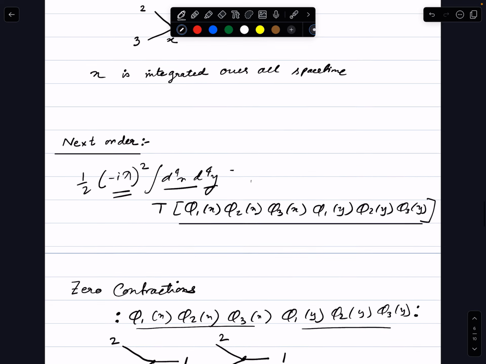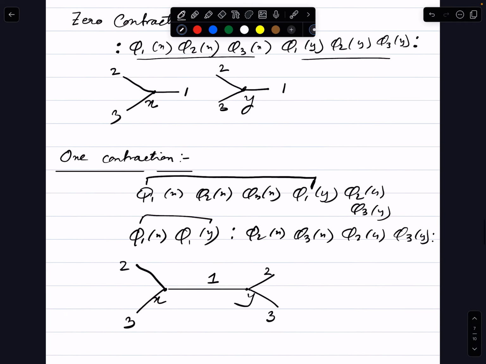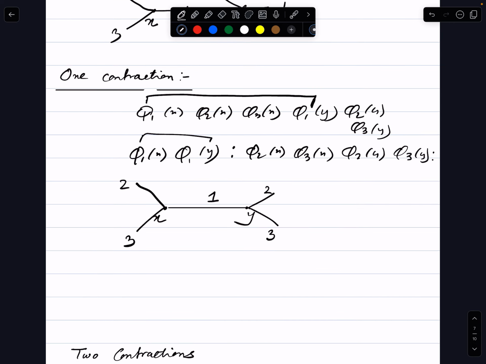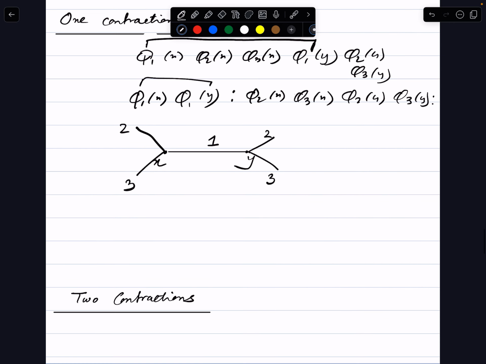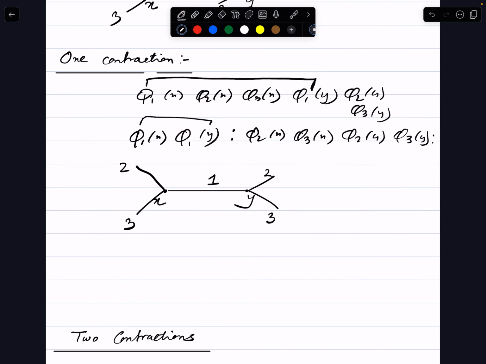I start with this integral, I expand it using Wick's theorem, I get all these terms in terms of contractions, and I have a diagrammatic interpretation of all these terms by drawing pictures like this to make our life simple. So now I don't even need to write the terms to draw the next diagrams.